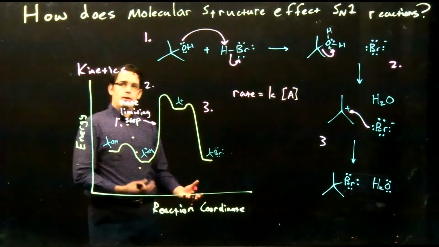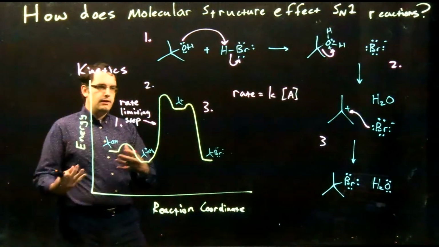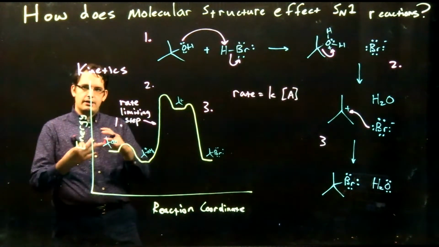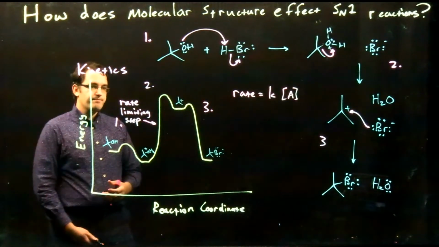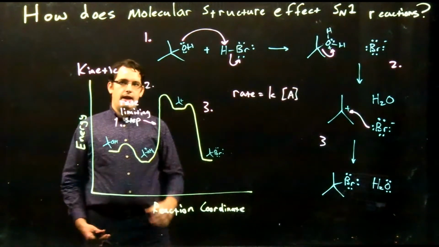The number of molecules that we have would influence how quickly our reaction would happen, because of course the number of molecules you have determines how likely they are to collide and actually find each other and react.